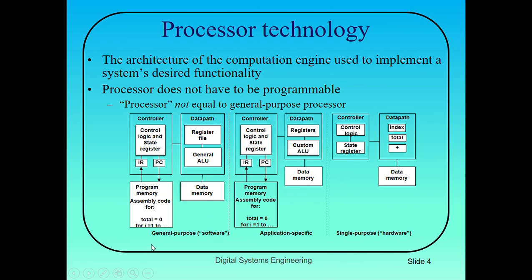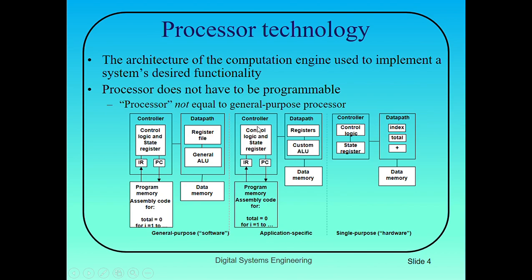This one is the general purpose processor. Here you can see its architecture. Here you will find the controller, increment register, program counter, and program memory, and here you will find the data path, general ALU, and data memory. And this is the application specific processor.